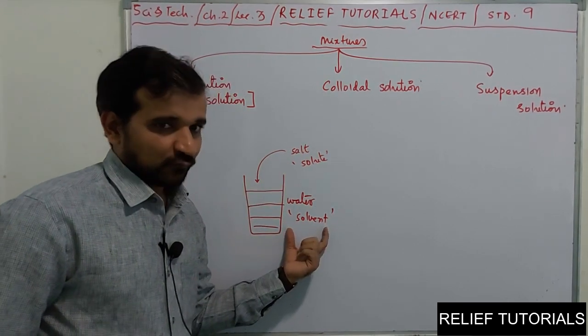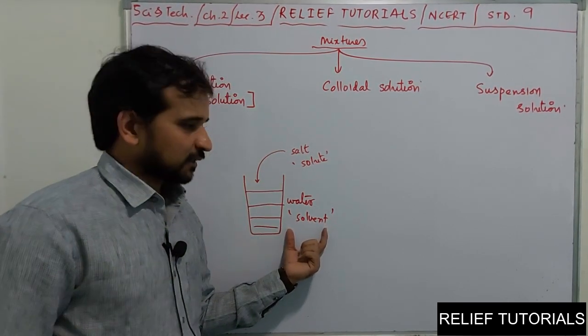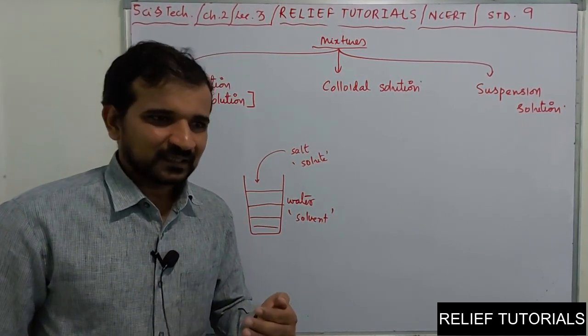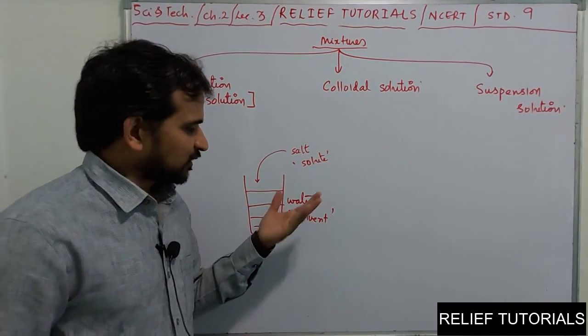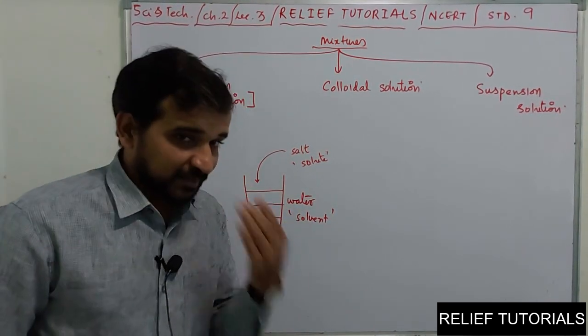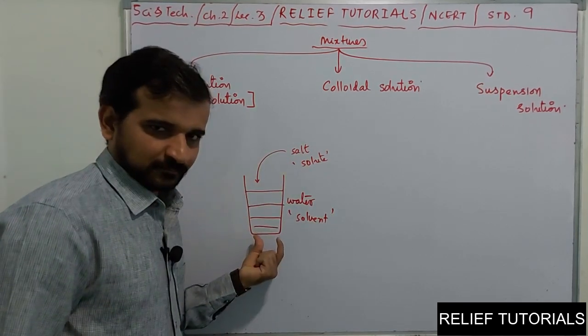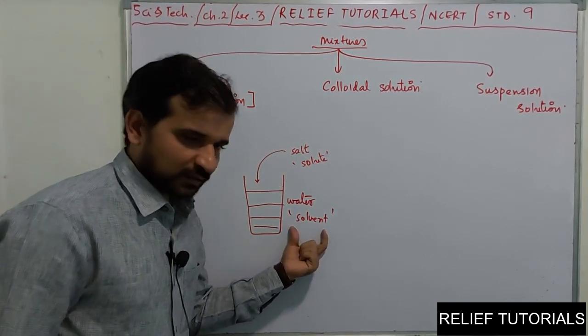Solvent means, if you want to note it, a substance normally present in the higher amount, which has the ability to dissolve another substance in it. That is called a solvent.